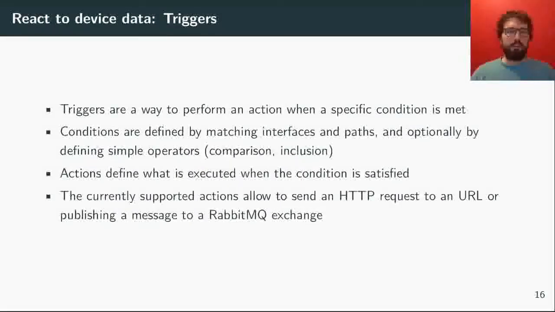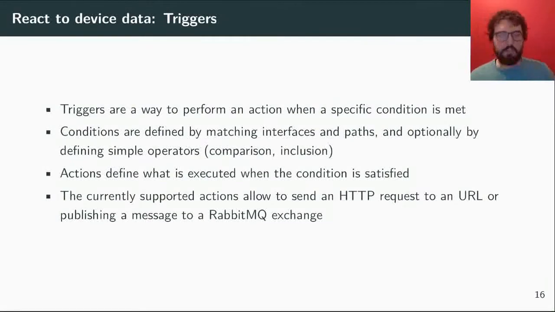Another important concept inside Astarte are triggers, which are a way to perform an action when a specific condition is met. So basically, triggers are JSON descriptions, like interfaces, but this time, instead of describing the shape of data, they describe some condition and some action. The currently supported actions allow you to send HTTP requests or publish a message to a RabbitMQ exchange.